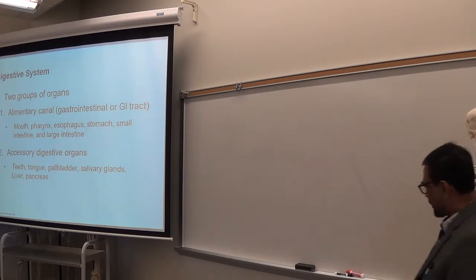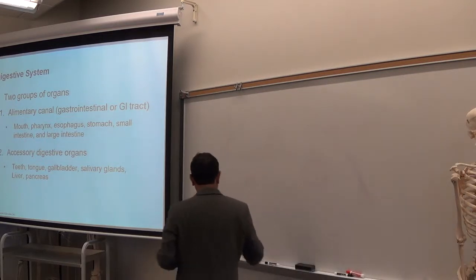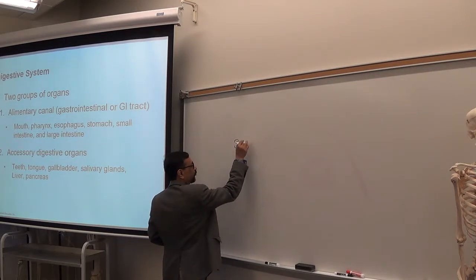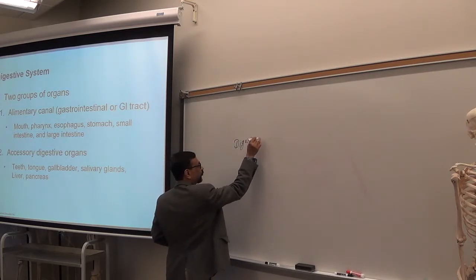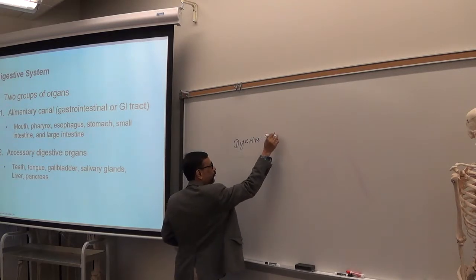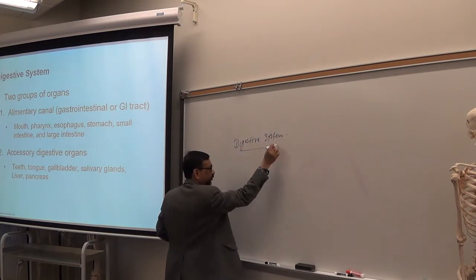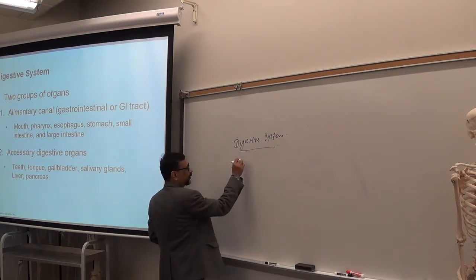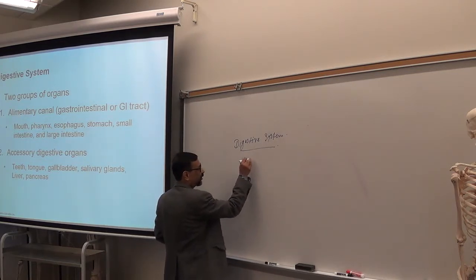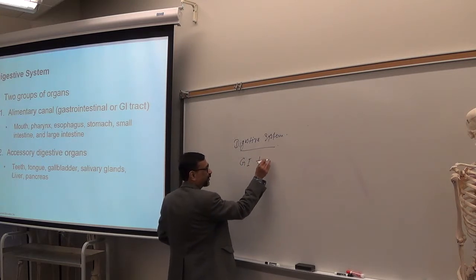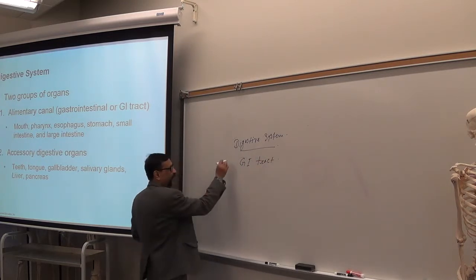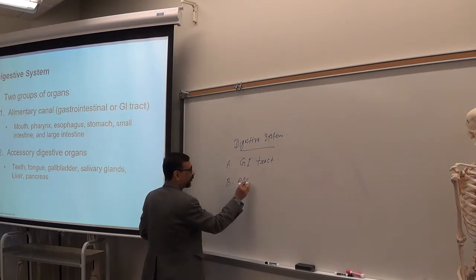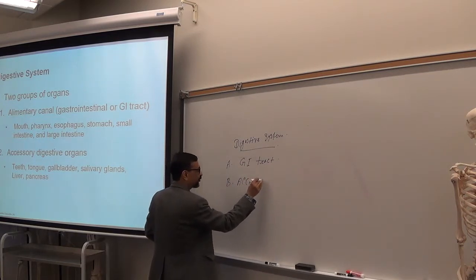the organs of your digestive system. Digestive system is divided into two parts: gastrointestinal tract or GI tract and accessory organs.